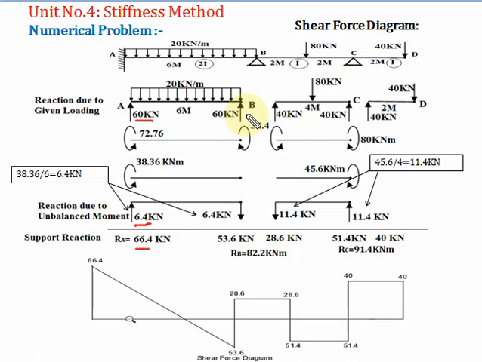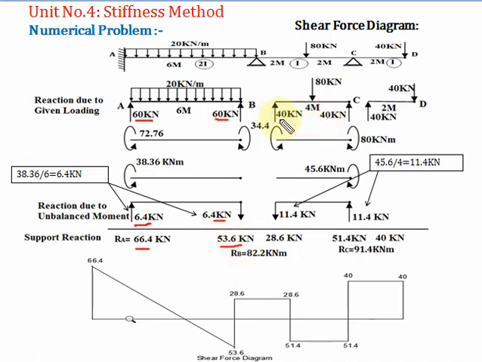At support B, for member BA, it's 60 acting upward, and due to unbalanced movement, it is acting downward, and it is 6.4. So 60 minus 6.4, one is upward, another is downward. So the reaction at support B in member BA is 53.6.